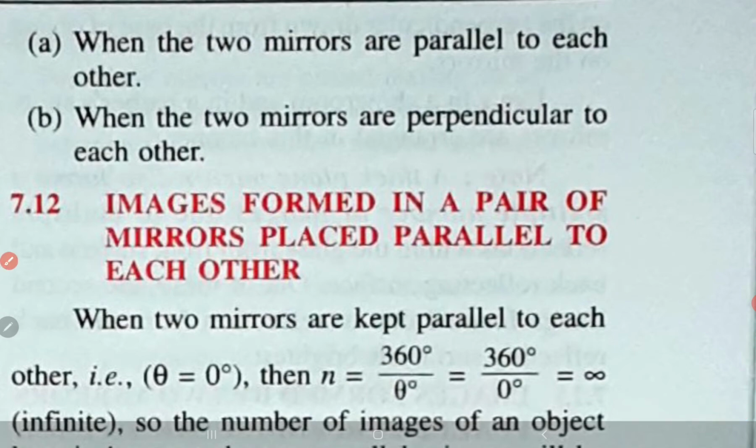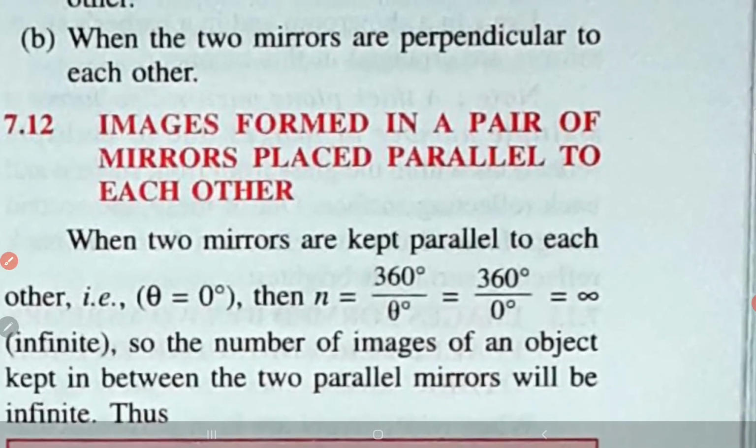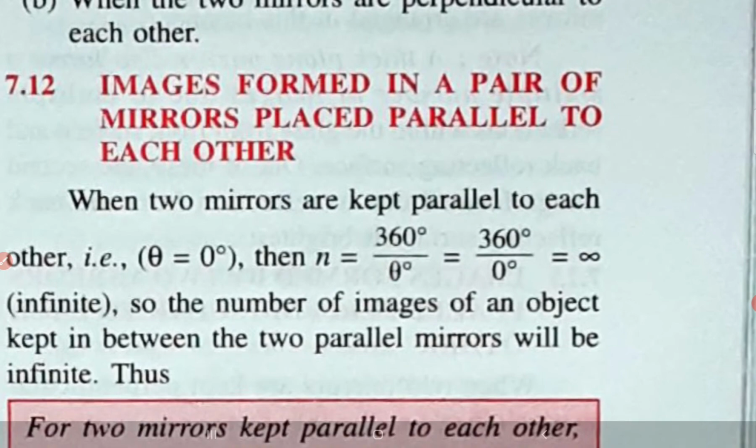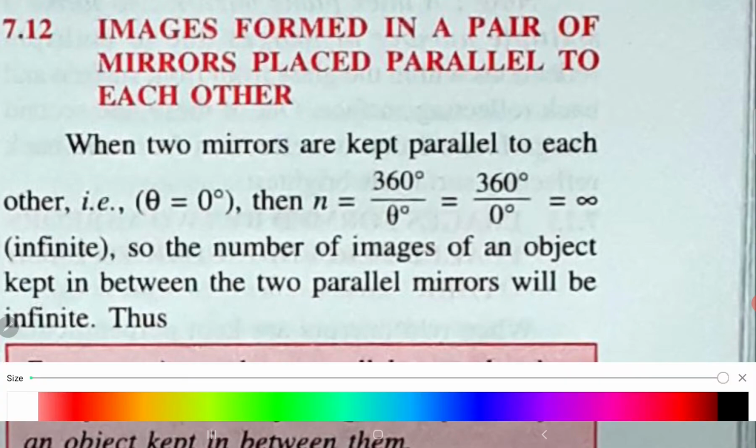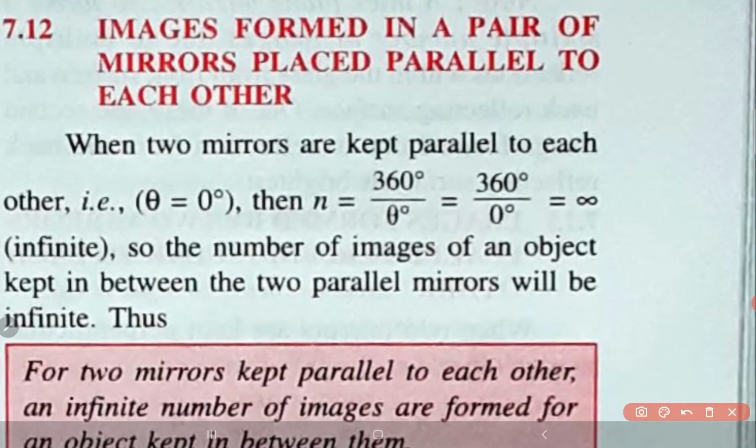The first one: images formed in a pair of mirrors placed parallel to each other. When two mirrors are kept parallel to each other, that is theta equals 0 degrees, the angle between them should be 0. Then n will be equal to 360 upon 0, which gives me infinite.